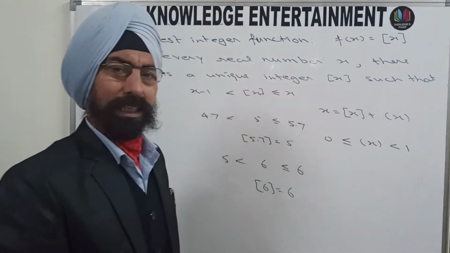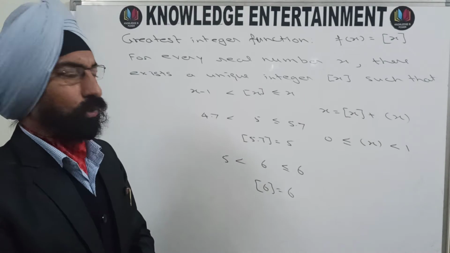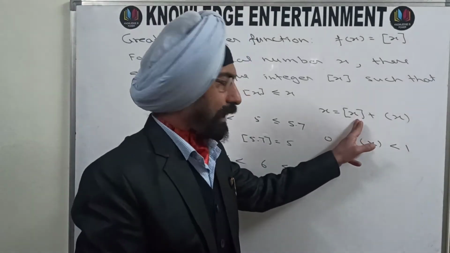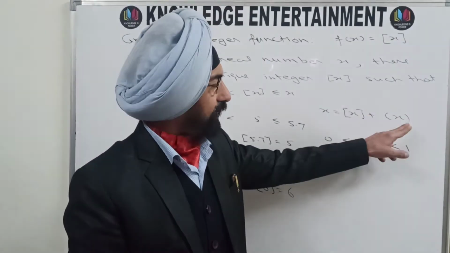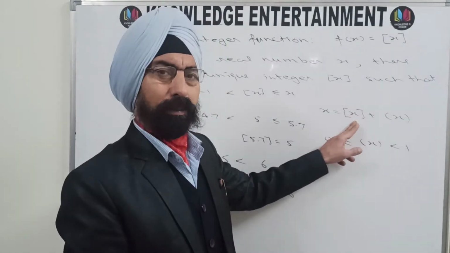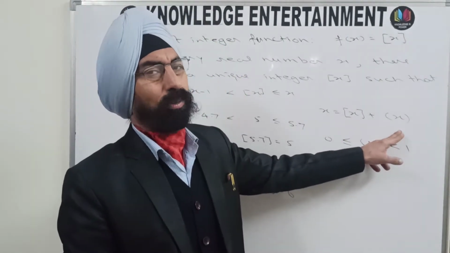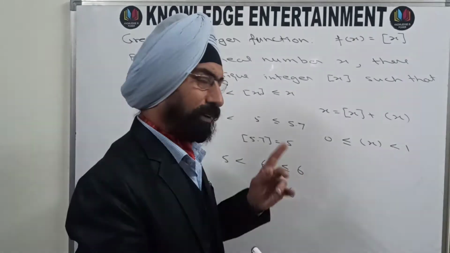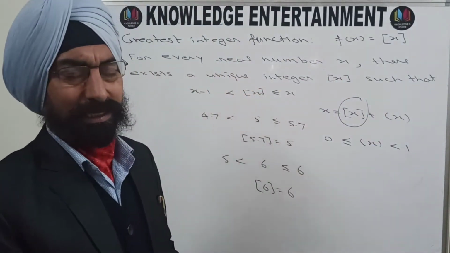It may be equal to 0, but it is strictly less than 1. It cannot be equal to 1. So this is your greatest integer function and this is your fractional part function. So two functions simultaneously, greatest integer function denoted by box x and fractional part function that is denoted by round bracket x. But we are here concerned with only greatest integer function.